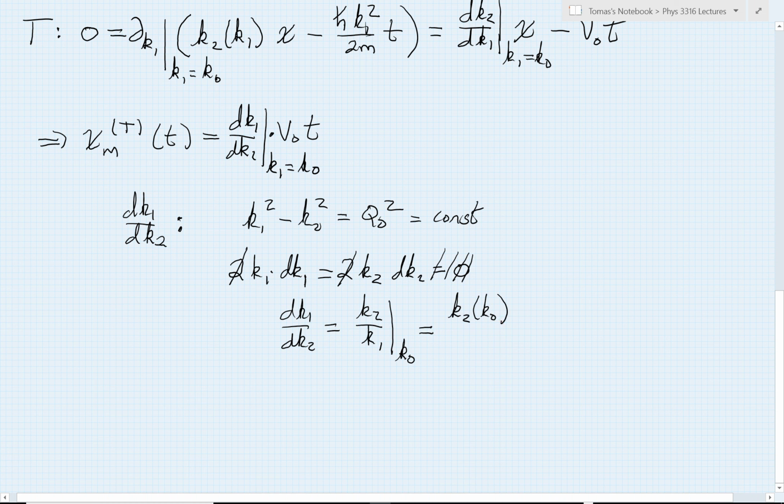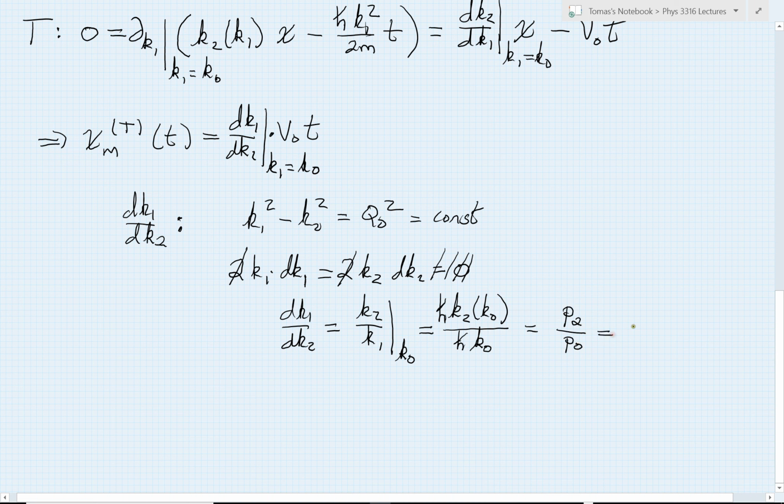So what I have then is K2, evaluated at K0. This is telling me the momentum I'm expecting on side 2, given my incoming momentum, then just divide it by my incoming momentum. And as long as I'm calling the K's momentum, let's actually make them real momentum. We can, of course, take any fraction and multiply by h bar on the top and the bottom. The top then really is the momentum on side 2, and the bottom part is the momentum on side 0.